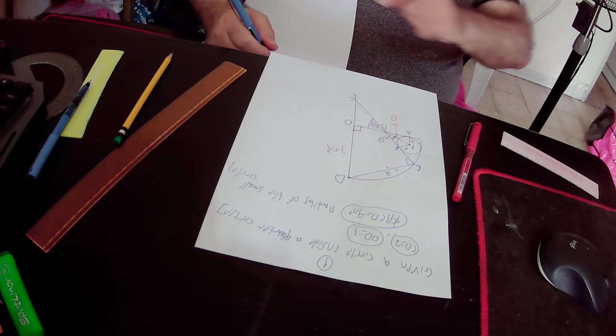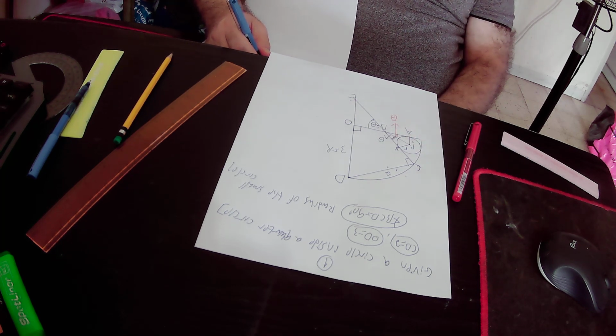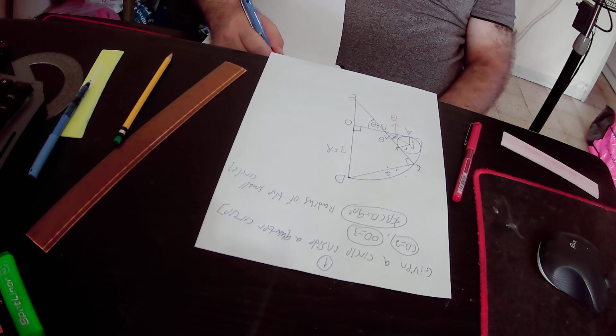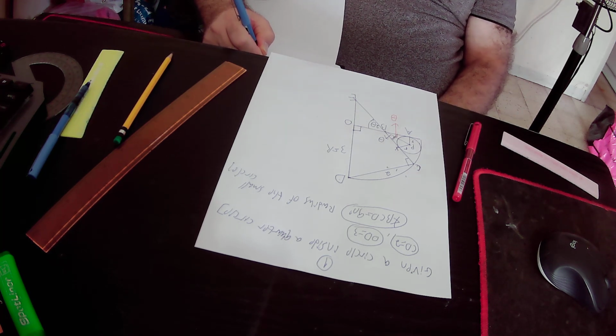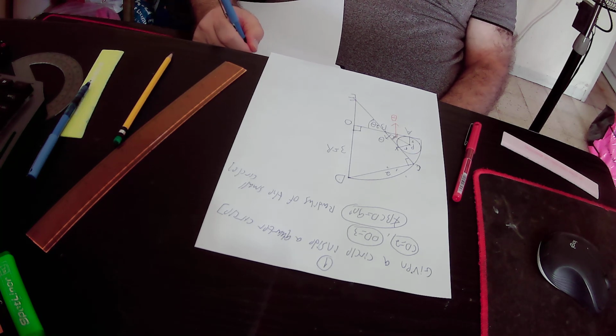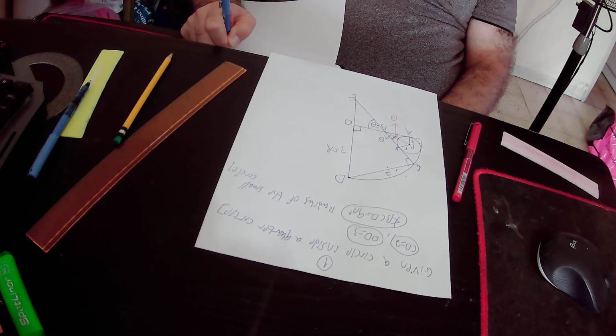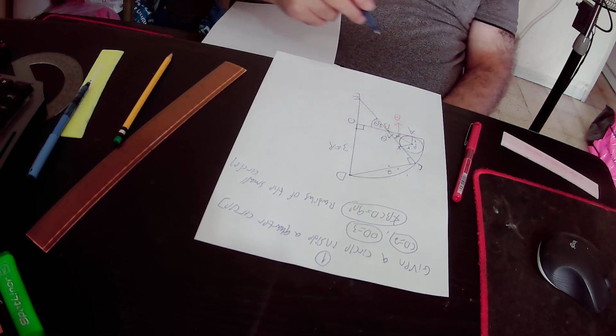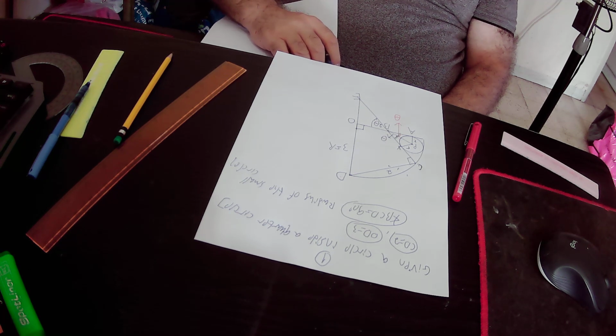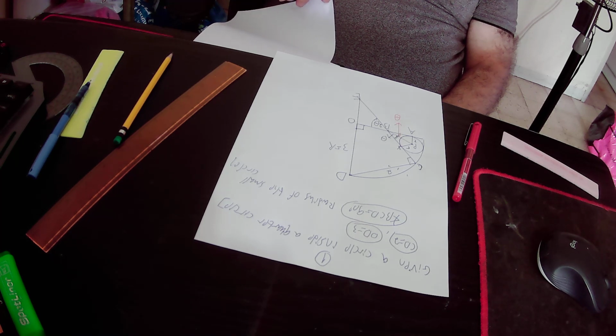Angle BCD is a peripheral angle. Again, angle BCD is a peripheral angle because it is inside the quarter circle, and we also know that angle BCD equals 90 degrees.